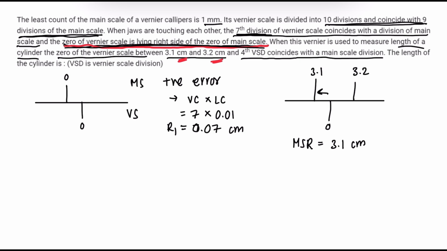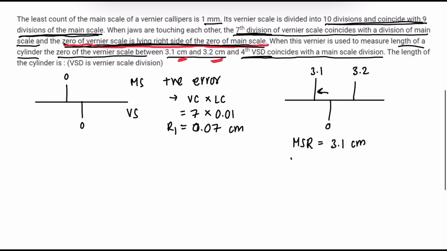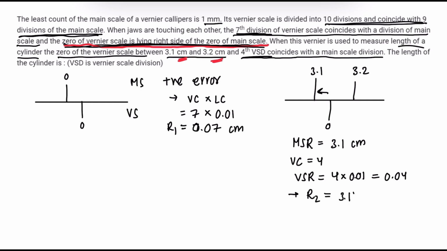They also said that the 4th vernier scale division coincides with the main scale division, so the vernier coincidence is 4. Our VSR is 4 times 0.01, which is 0.04. We finally get that the reading R2 is 3.14 centimeters.